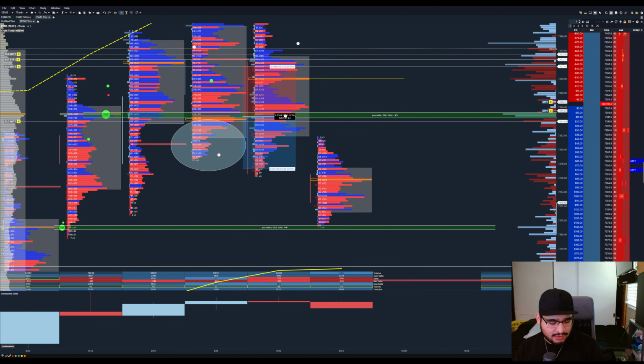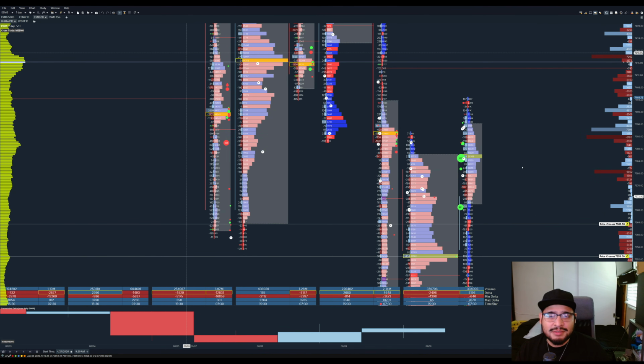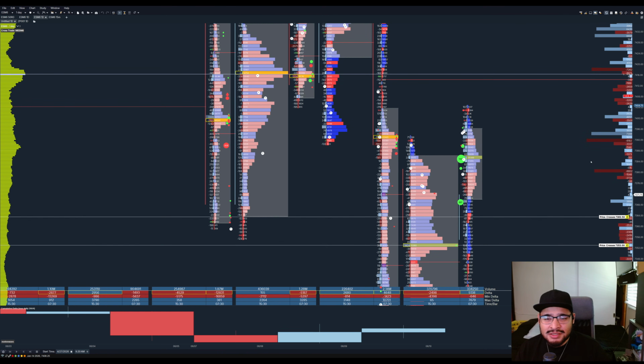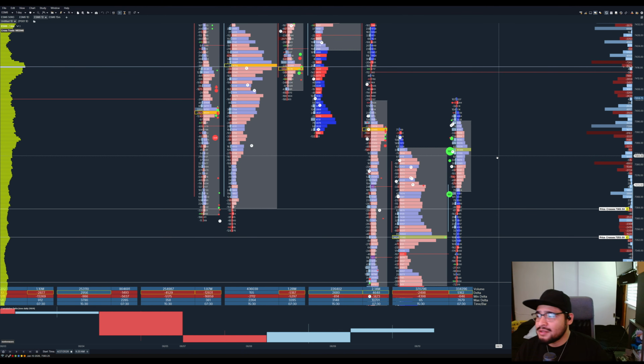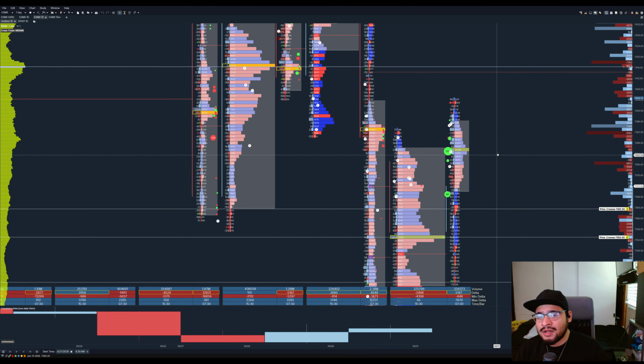Okay, so I try not to mess with it. So this is the footprint for the New York session and overnight session. We're below. This is the volume profile. So the market profile POC is at 86. Yeah, it's about the same.